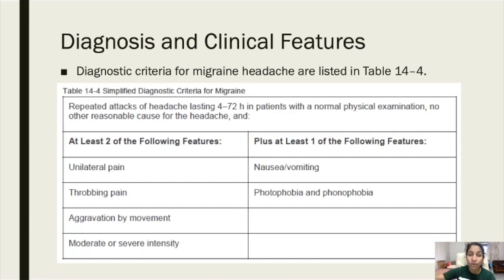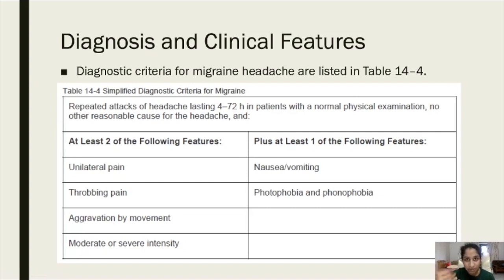If they walk or move, it will increase, or moderate or severe intensity. At least two of these should be there, plus at least one of the following features: nausea or vomiting, photophobia and phonophobia. Any one of these features should also be there, then we can confirm it as a migraine.